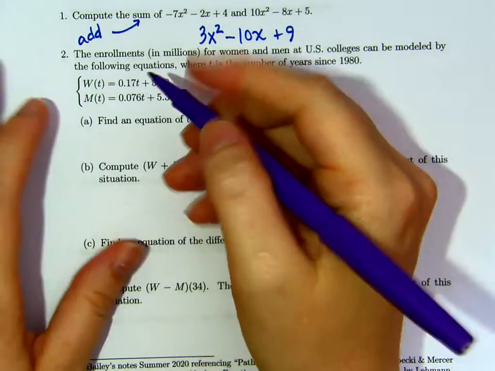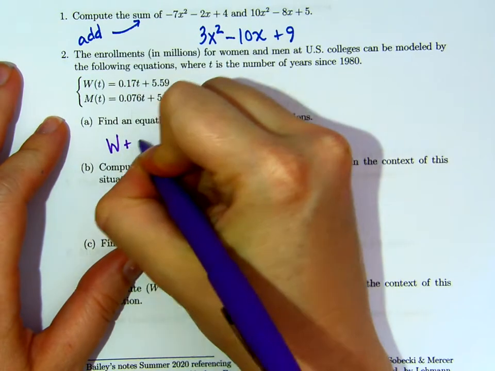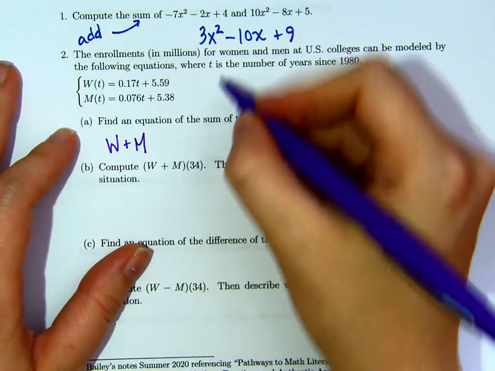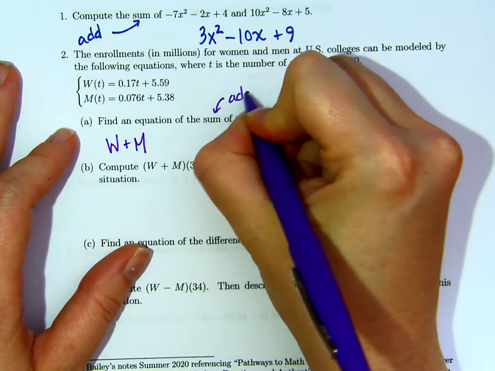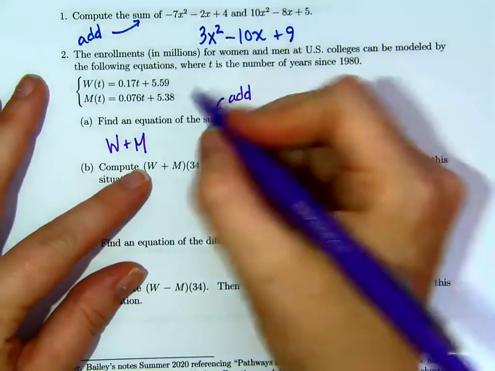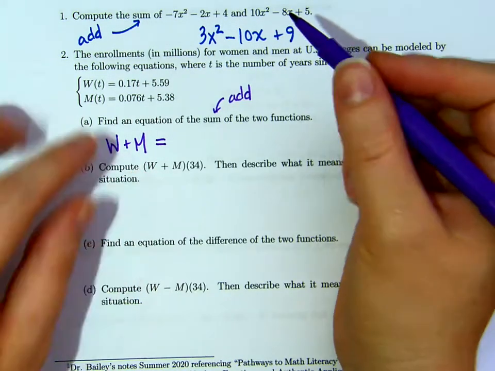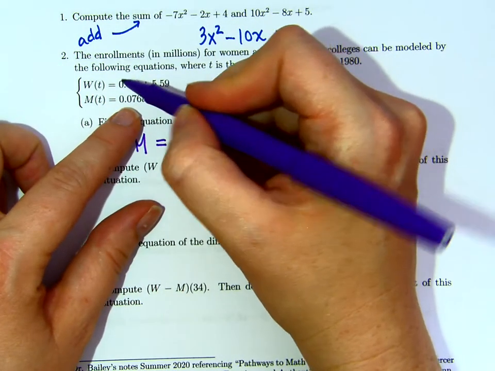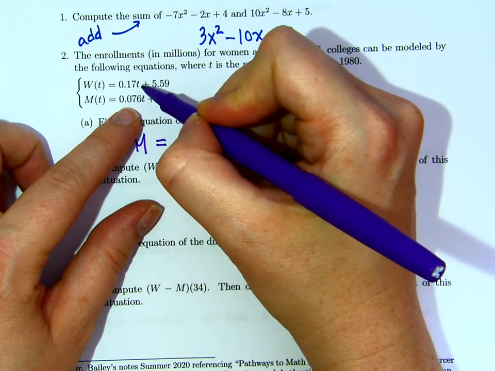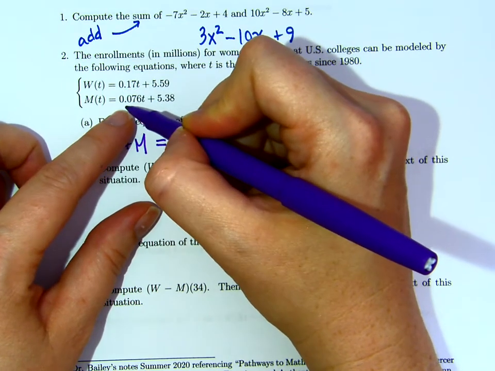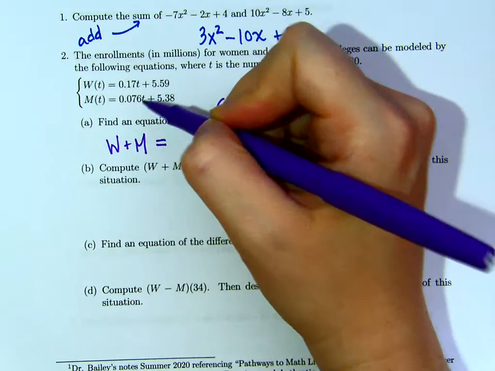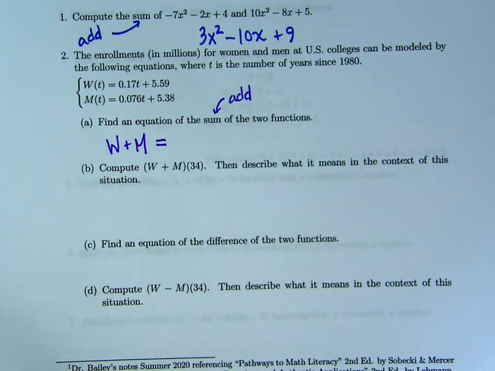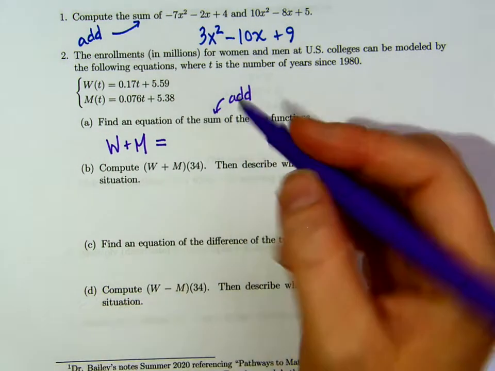Let's write W plus M, because again, sum means add, is equal to, oh boy, we have 0.17t plus 0.076t. What's 0.17 of them plus 0.076 of them?